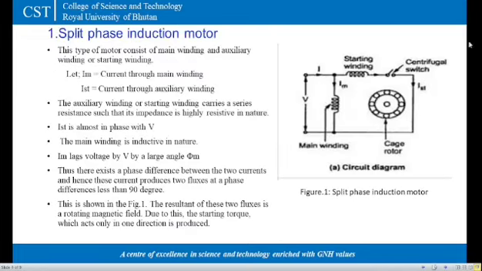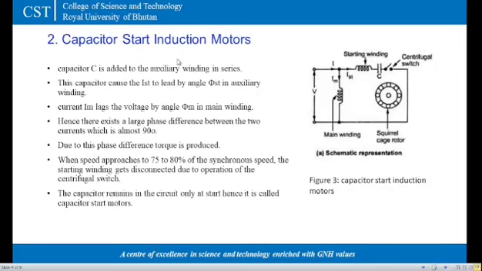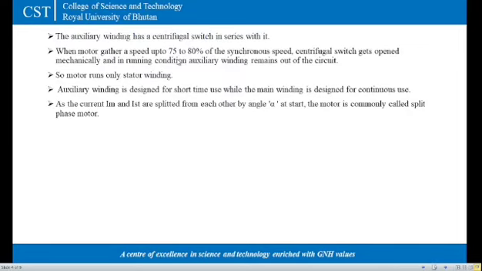The auxiliary winding also has a centrifugal switch, as you can see in this figure. When the motor gathers a speed of up to 70 to 80% of the synchronous speed, the centrifugal switch opens, and in the running condition the auxiliary winding remains out of the circuit.